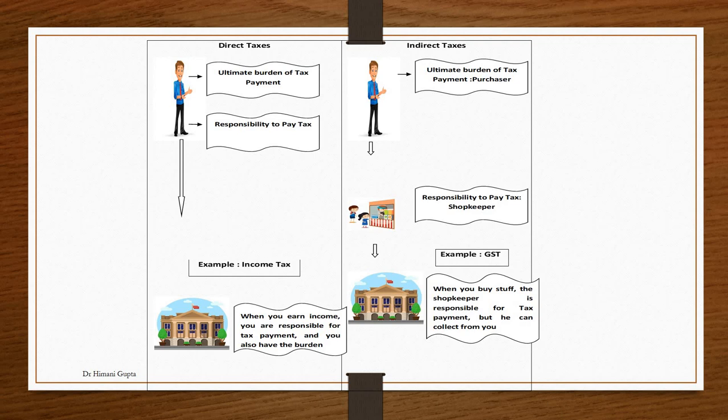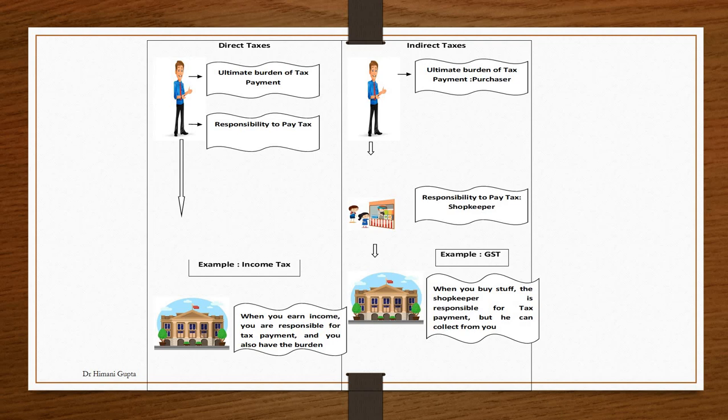So income tax and corporate tax both are direct tax. If we talk about indirect tax, in indirect tax, the burden to pay tax is on the purchaser and the responsibility to pay tax is on the shopkeeper. For example, you go to the ice cream parlor and purchase some ice cream.